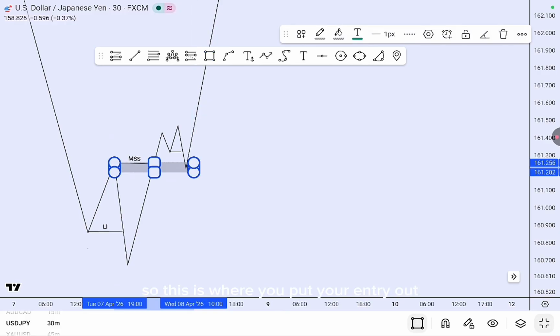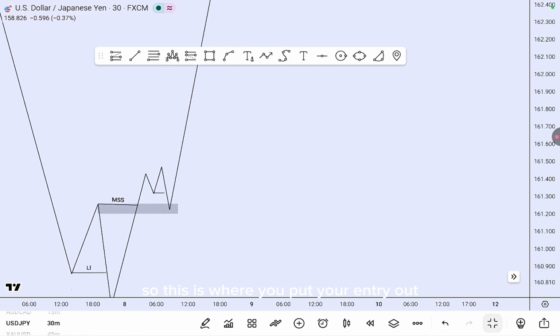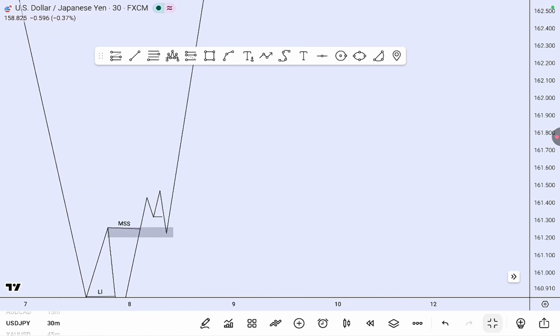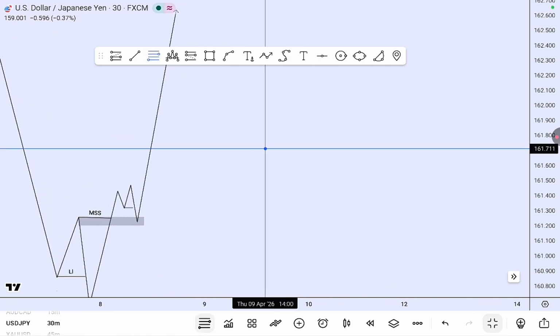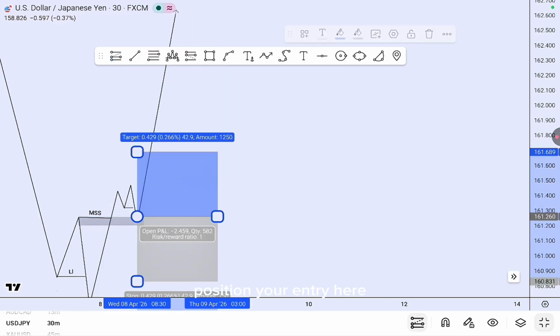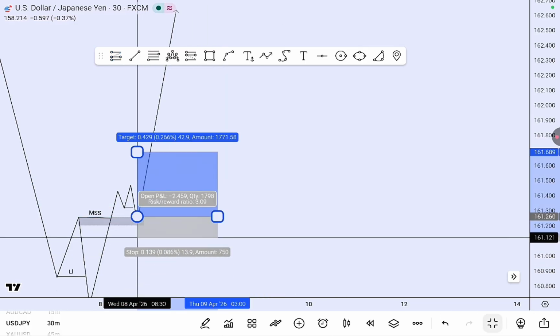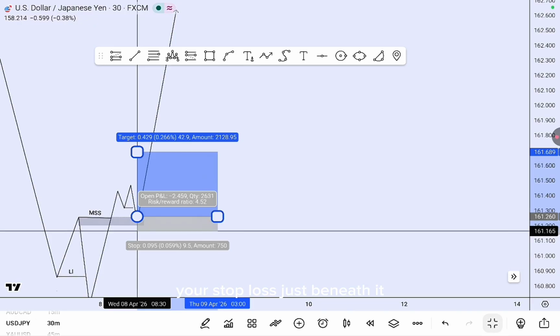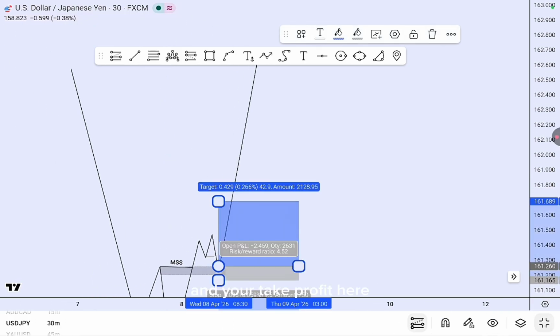So this is where you put your entry, and position your entry here, your stop loss just beneath it, and the take profit here.